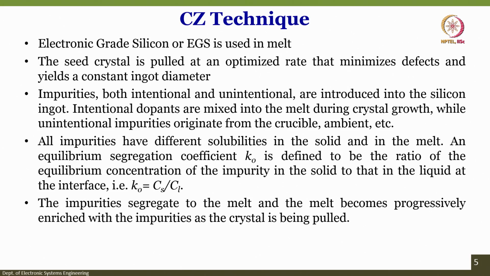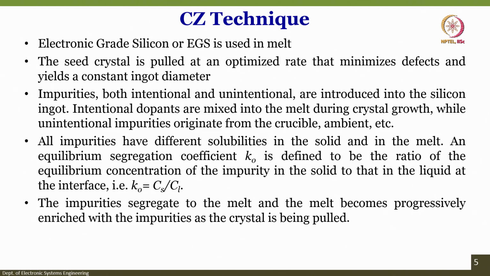What does that mean? If I do not have an optimized rate, my ingot will form like this. It is not correct, right? It should form uniform like this, correct, and the tip will be like this. So, the optimization of the rate for pulling the crystal is very important, and so is the rotation speed.